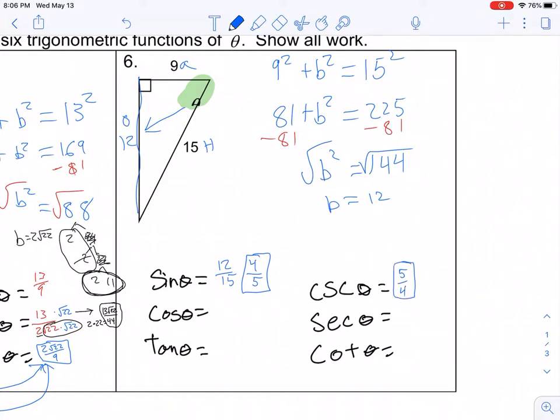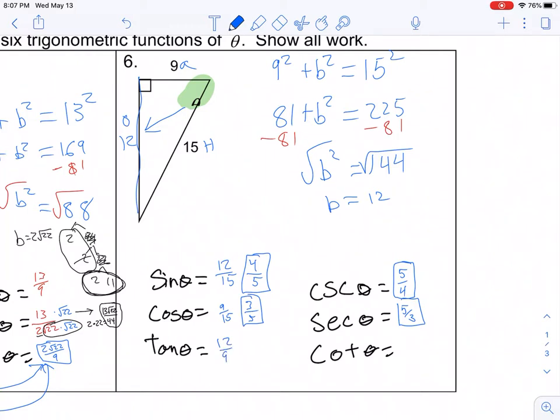Cosine, we're taking our adjacent over our hypotenuse. So we're saying 9 over 15. Those will also reduce. 3 goes into 9 3 times. It goes into 15 5 times. Flip that over. We've got 5 over 3. And then tan theta, we are doing TOA, opposite over adjacent, so 12 over 9.